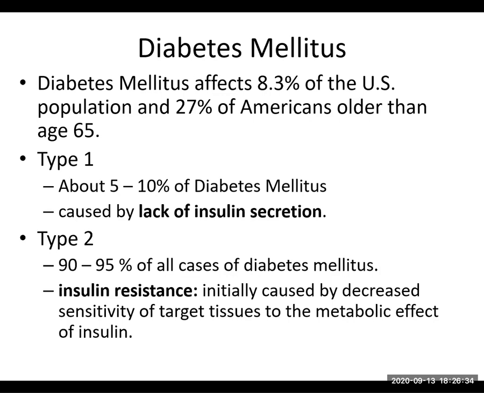So even though insulin is increased, insulin is released, most of those muscle cells and the adipocytes do not respond to it. And the consequence is that we still have hyperglycemia, and insulin continues to increase. We have both hyperinsulinemia and hyperglycemia in the body. And type 2 is the most common one.